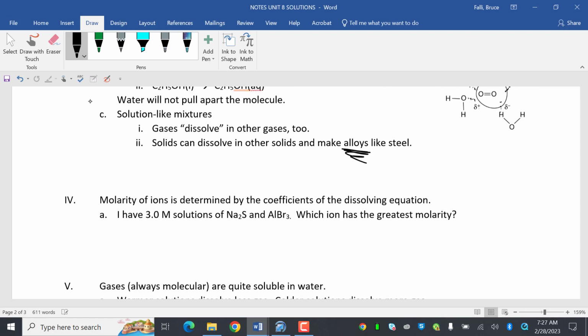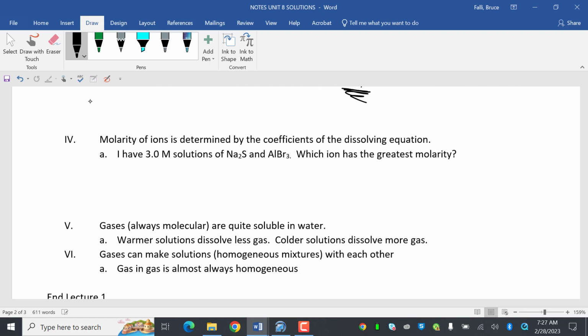All right. Molarity of ions is determined by the coefficients of the dissolving equation. So if I have 3 molar solutions of Na2S and AlBr3, which one will have the greatest molarity? So I'm going to start by writing the dissolving equation of Na2S. Na2S is going to be Na positive plus S negative 2, but boom, I've got to balance it to get my 2's for each spot.